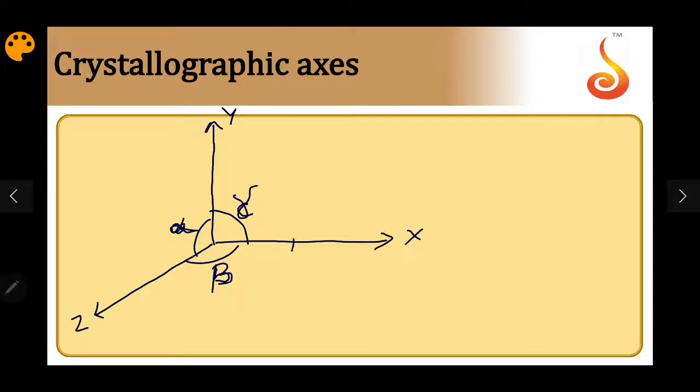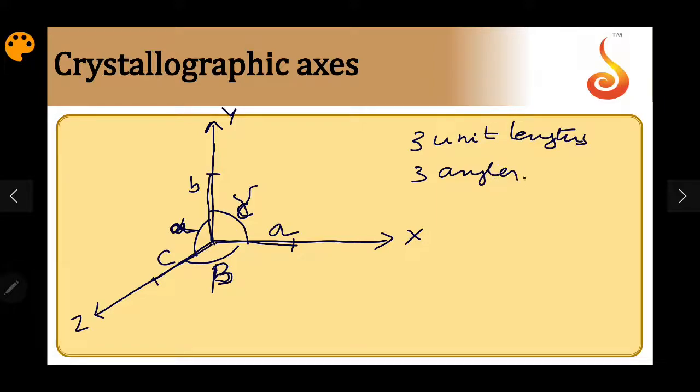The lattice points will be there in the crystal lattice. The unit distance along x is called a, the unit distance along y is called b, and the unit distance along z is called c. So there are 6 basic parameters: 3 unit lengths and 3 angles.